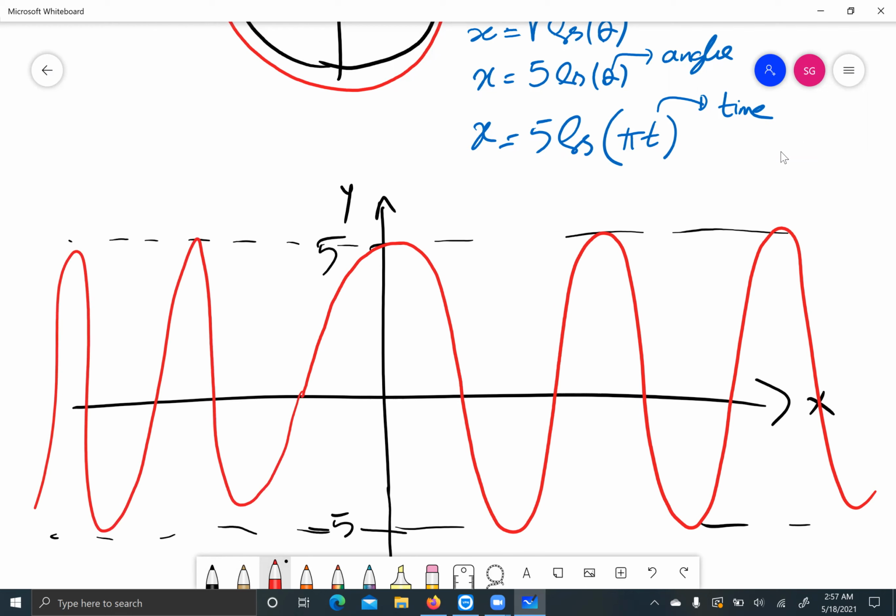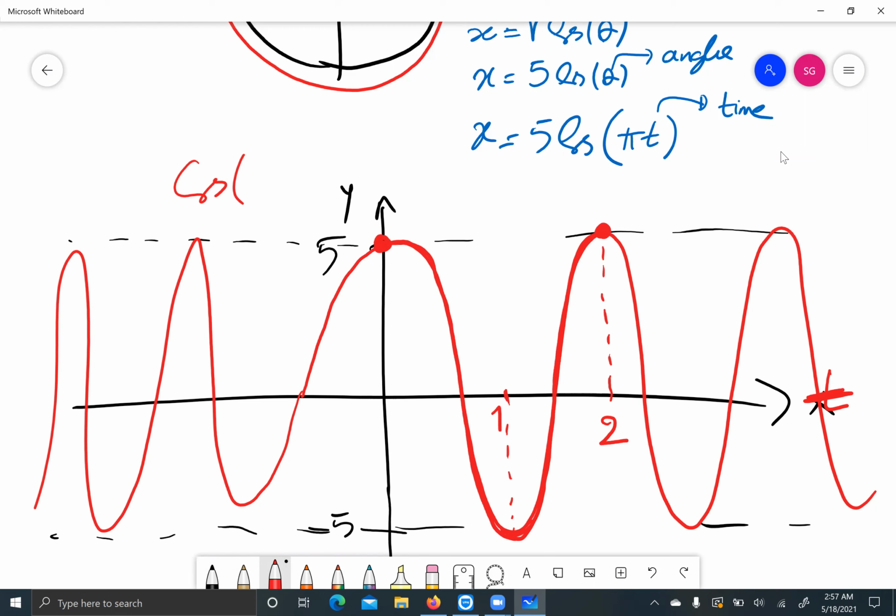By the way, this is t, time. Let's say we start from here, 0, and then one complete rotation is going to be here. This is 2 minutes. So halfway through is 1 minute, which is exactly pi.